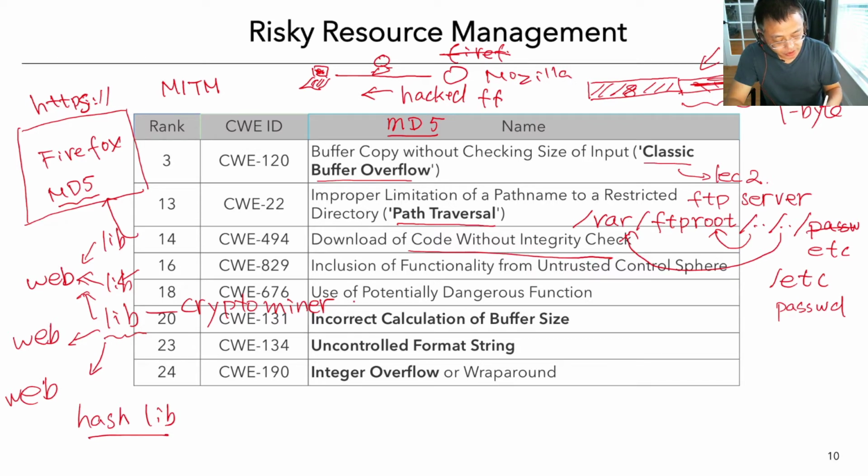So next, use of potentially dangerous functions. There are a lot of dangerous functions, such as system. So system is basically a C library function which will fork the current process and run the command.